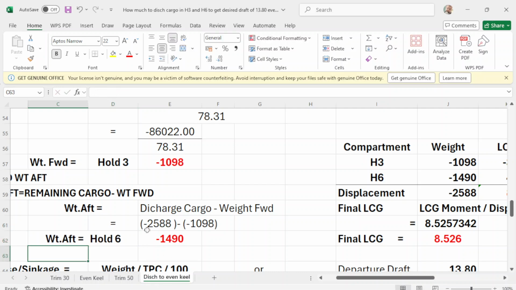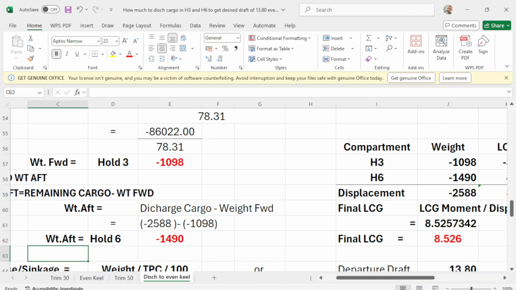Hold 6. The formula is this: cargo to be discharged, which is negative 2558, minus your weight forward, which is negative 1098, and cargo to be discharged in hold number 6 is negative 1460.